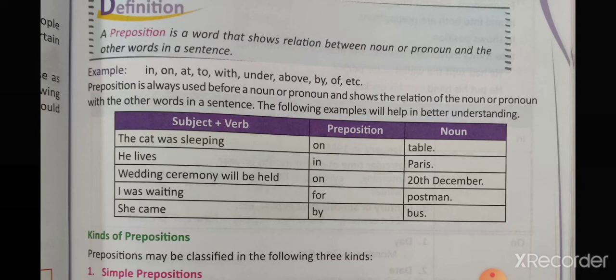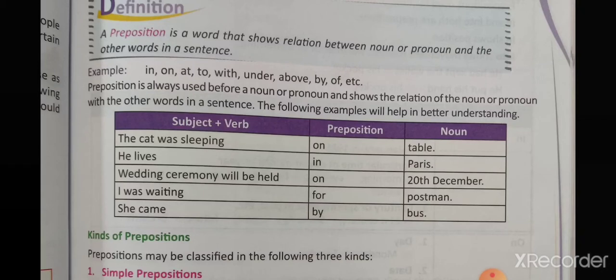First is, the cat was sleeping on the table. So the cat was sleeping. Where was he sleeping? On the table. So with the word on, it is easy for us to understand how the cat and the table are connected to each other. Like, he lives in Paris. How are he and Paris connected to each other?